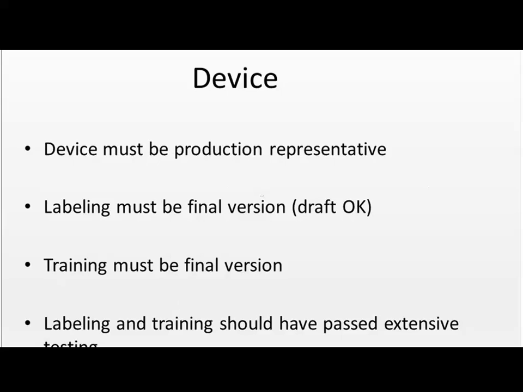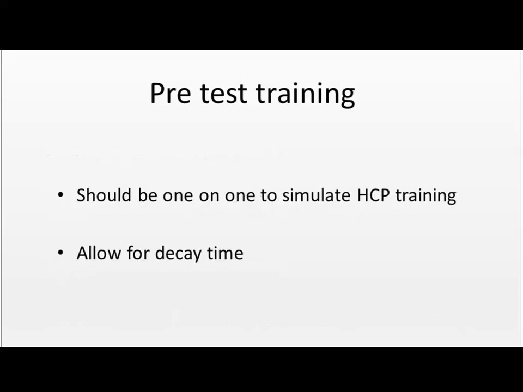Training must be the final version. If there is pre-test training, it should be one-on-one to simulate healthcare professional training rather than a group. And again, it should allow for decay time.